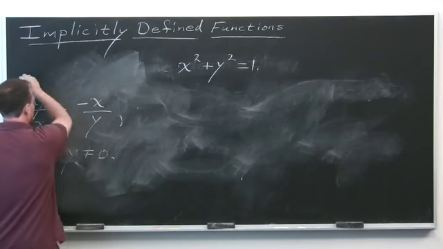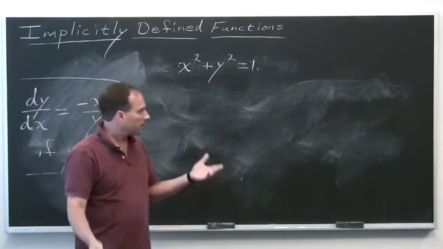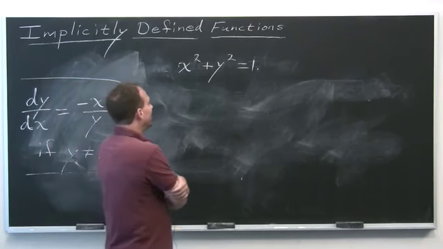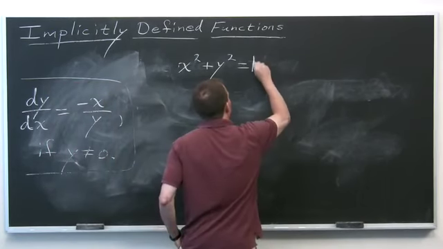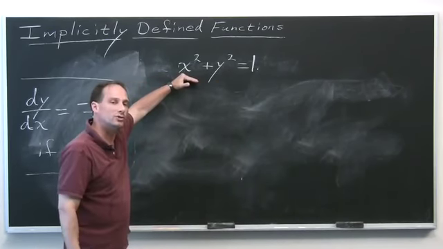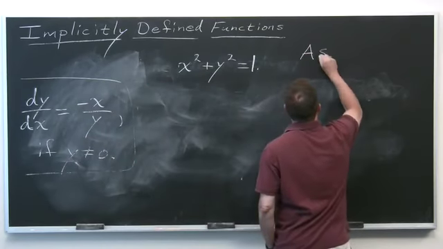The question is, could we have gotten this one nice formula without breaking things up into cases? And the answer is yes, you can. And it's almost like magic. It's really very cool. You look at this equation and you assume that y is some function of x that makes it true.